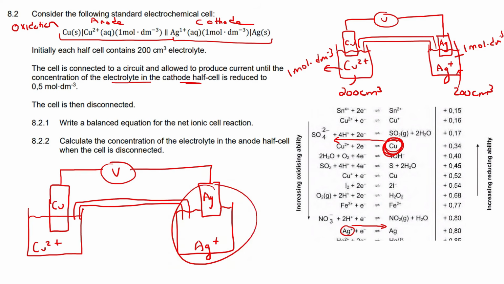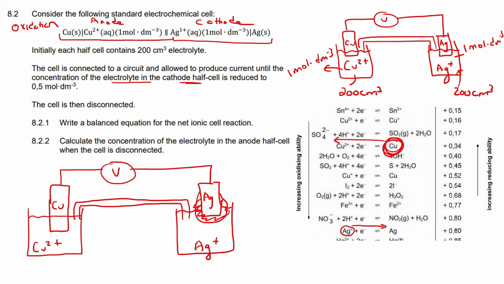And then on this side, we're going to take the Ag plus ions, which are these ones, and they are actually going to convert into Ag. So you're going to start seeing a big lump of Ag being deposited over here, and the amount of this is actually going to go down. So just to summarize, the amount of this is going to go up, and the amount of this is going to go down.